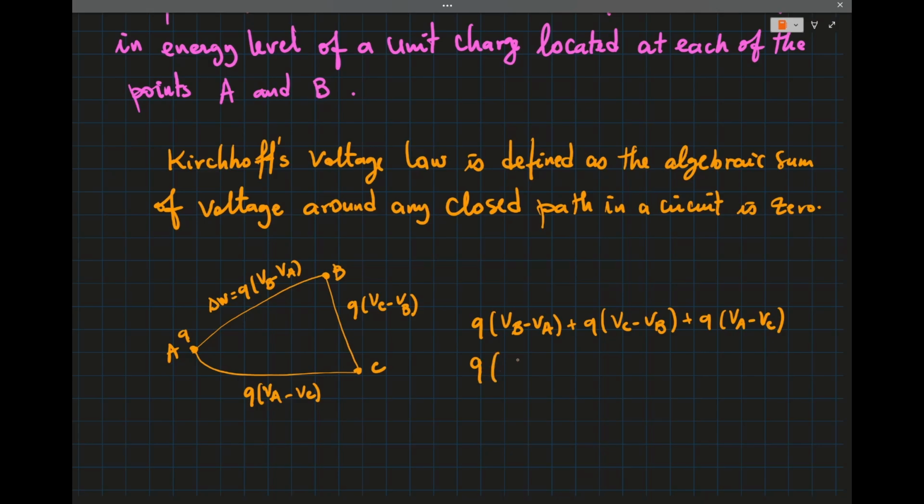When I pull the Q out, I have VB minus VA plus VC minus VB plus VA minus VC.